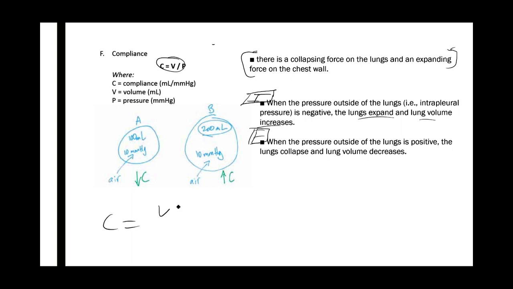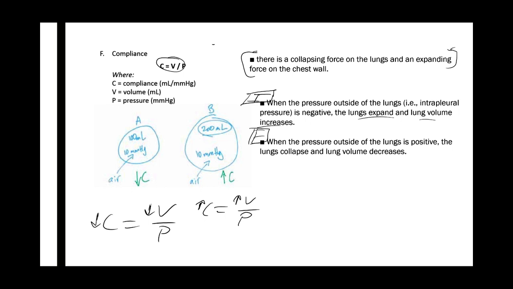So C equals V over P. In the case of this small alveolus, the volume's smaller, so it's directly correlated to compliance. So it's going to have less compliance. In the case of B here, the volume is bigger, so it's going to be more compliant.